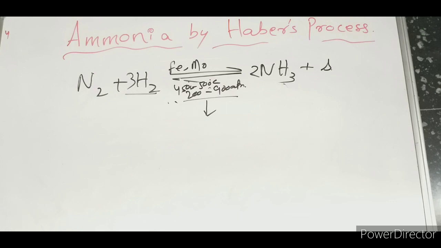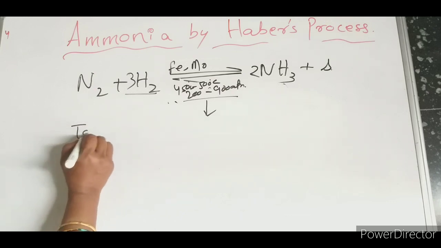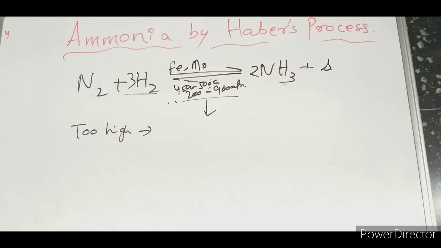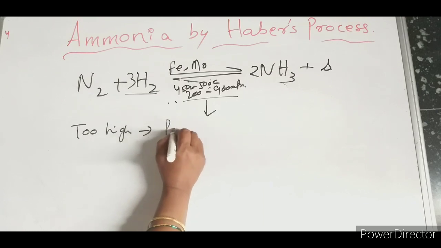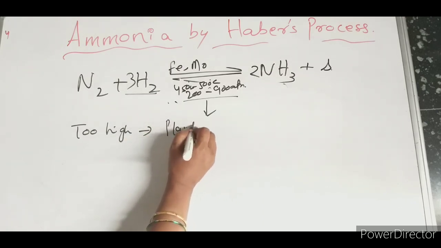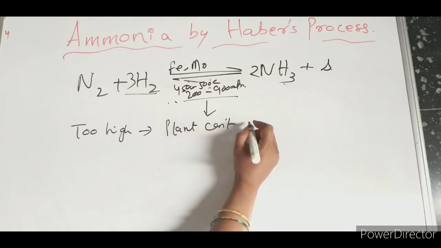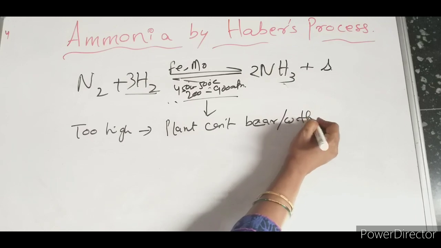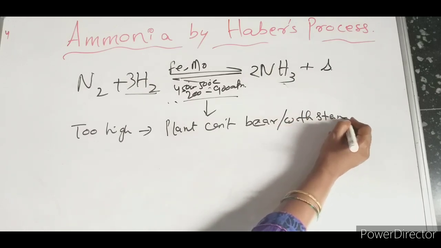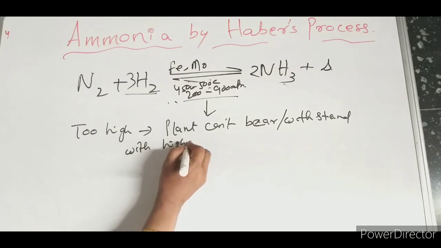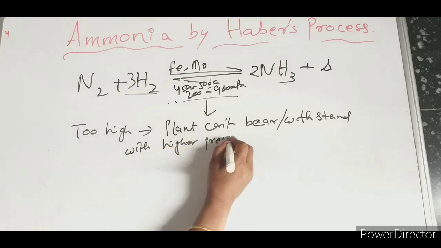It cannot be taken too high, more than 900, because the plant cannot bear or withstand higher pressure.